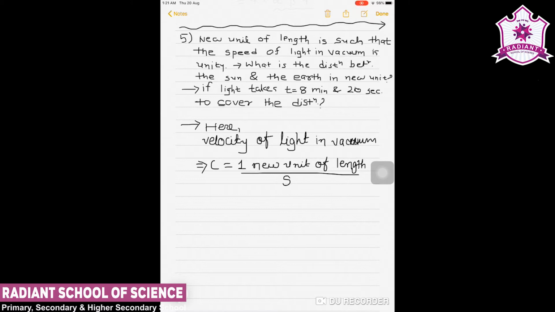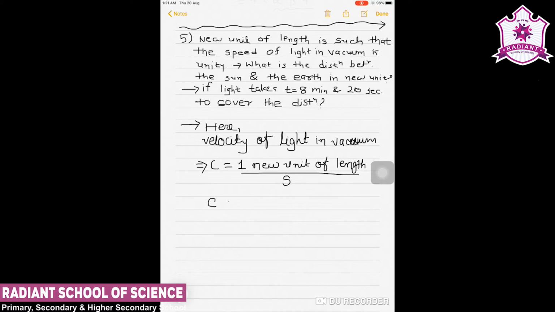But here we have chosen a new unit for the distance. Now we have to find out this distance for our purpose. So obviously we can say that the distance, we say it as suppose x.